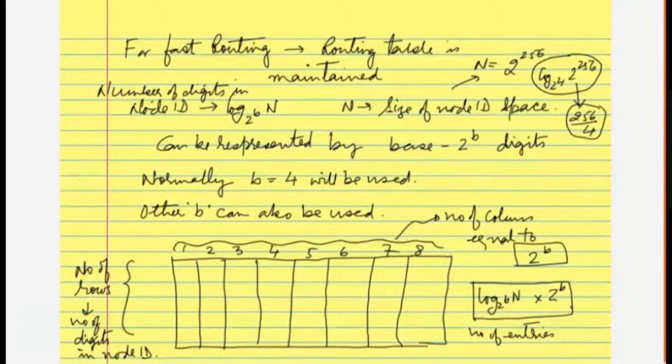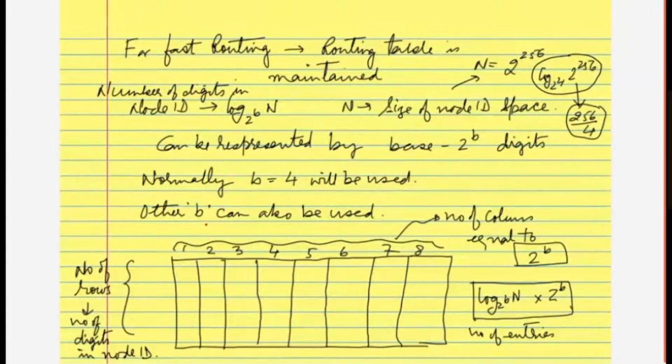The number of digits required will be log base 2^b of n, where b is a number we have to define, so base 2^b digits are used for representing the node IDs. b can be 3 or 4. Normally b equal to 4 is used, but in our example we'll take b equal to 3 for simplicity, because my tables will be of a smaller size. It can be anything; it does not matter.